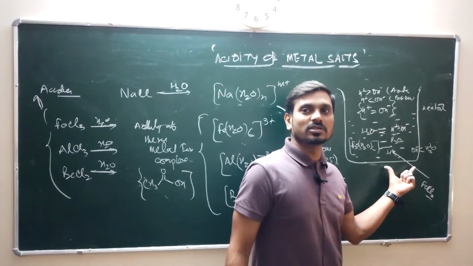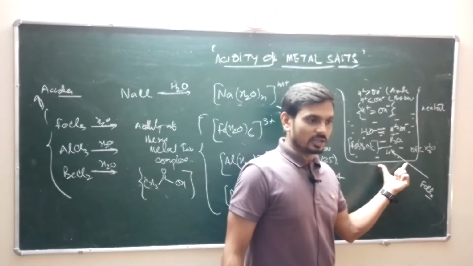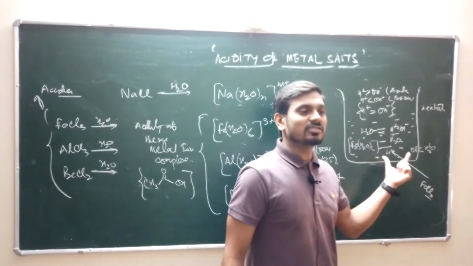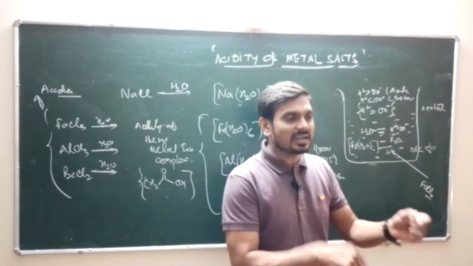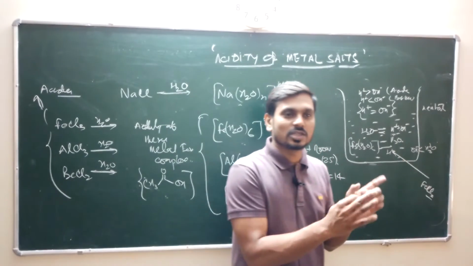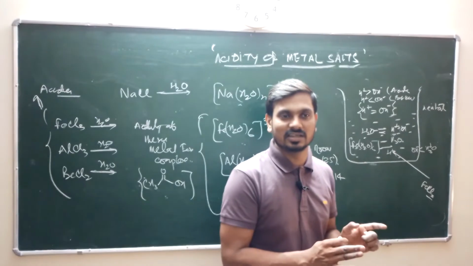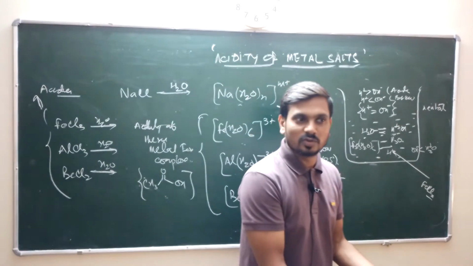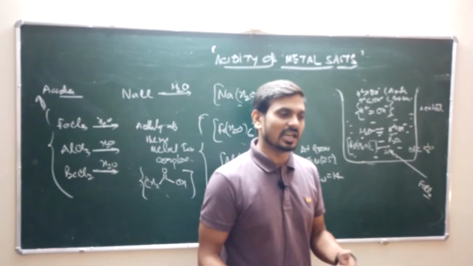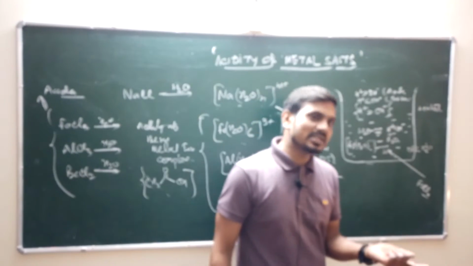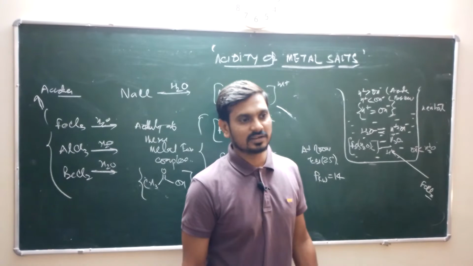Anything that you dissolve in this neutral solvent called water, and that releases any moiety in a manner that imbalances the ratio of H plus ion and OH minus ion, the resultant solution will be either acidic or basic, depending upon whether it helps to get excess H plus ion or hydroxyl ion.